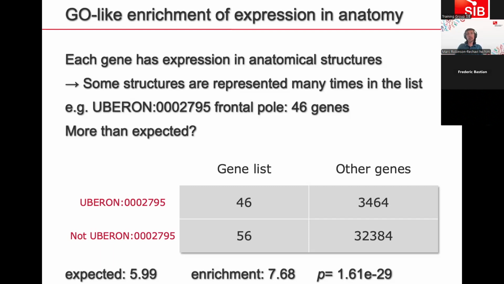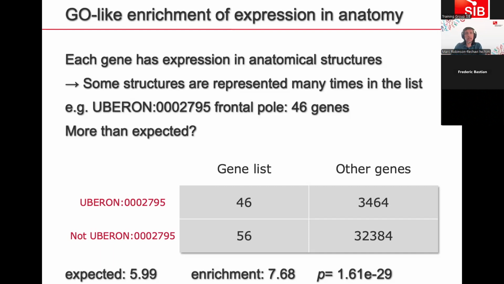So every gene has expression in anatomical structures, and some structures are represented many times in the list. You get the list of genes, maybe only one of them is expressed in the hippocampus, but many in the cerebellum. So for example, here I have a gene list, which comes from a review on genes involved in autism and another neurodivergence, which I forgot.